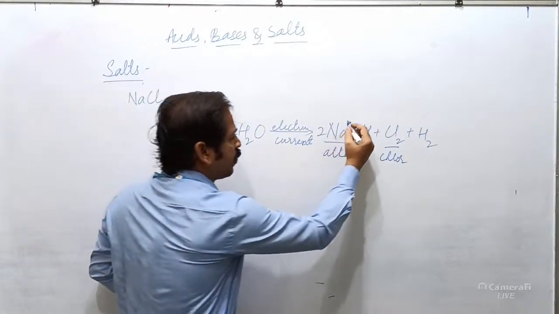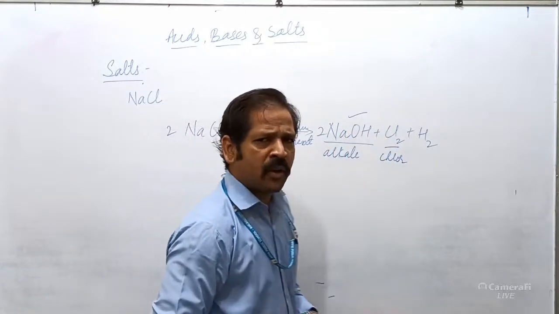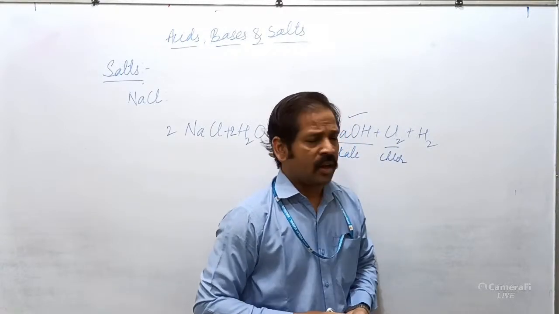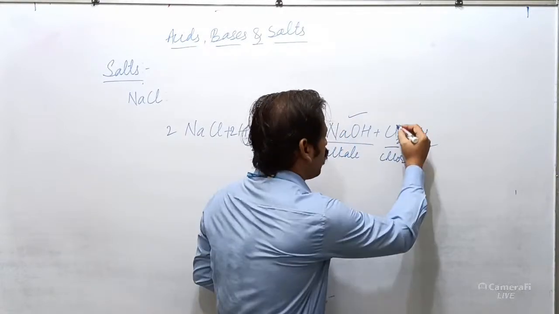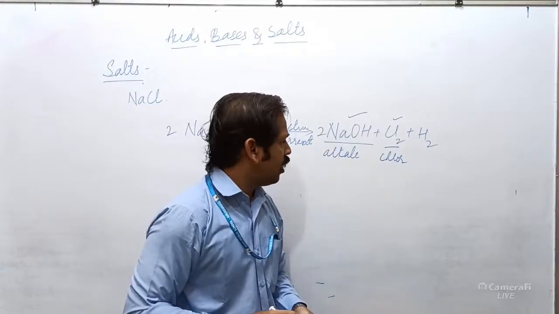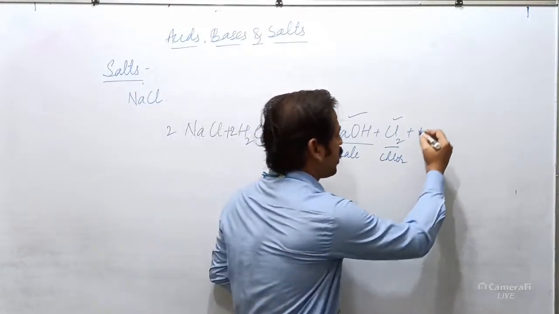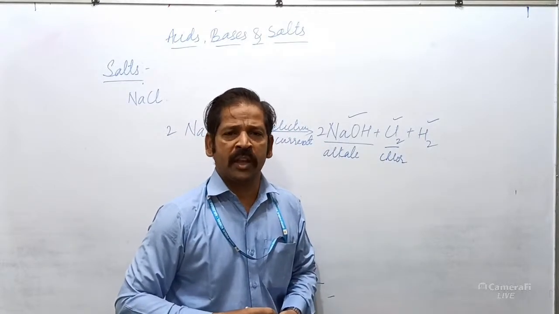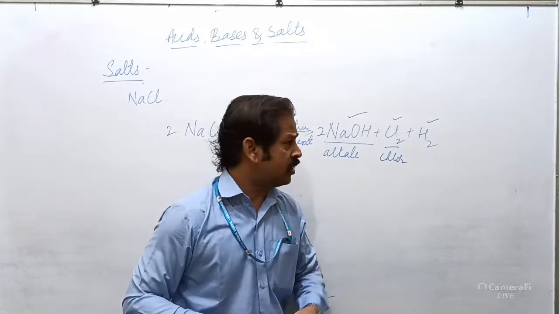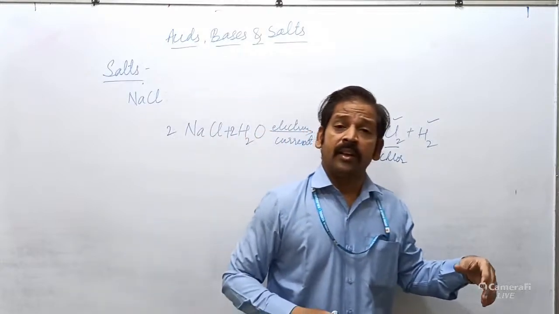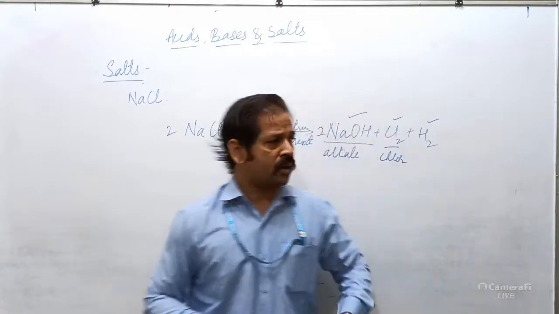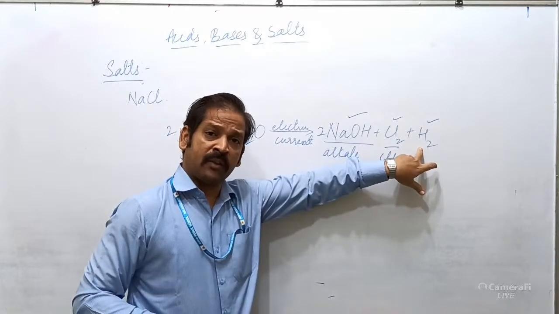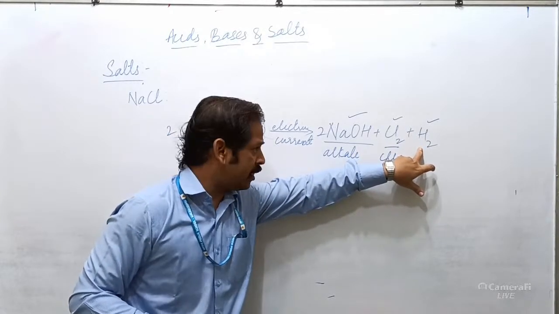And we have the uses of sodium hydroxide. Sodium hydroxide is used in the making of soaps and detergents. Chlorine is used in bleaching powder. Hydrogen is used as fuel for rockets.